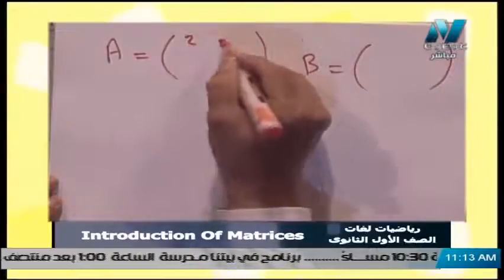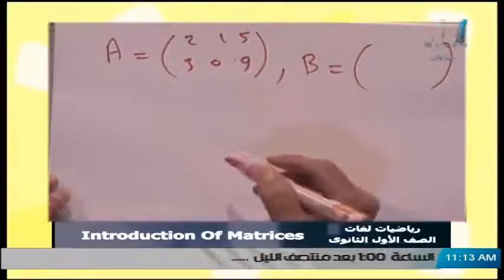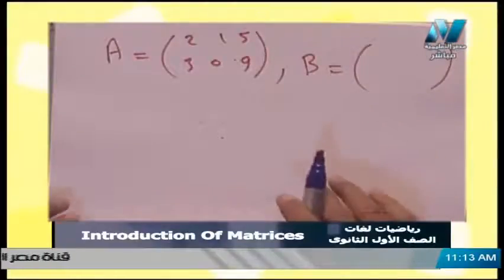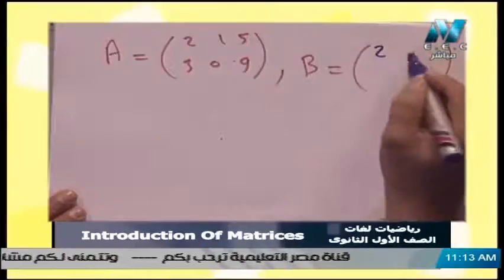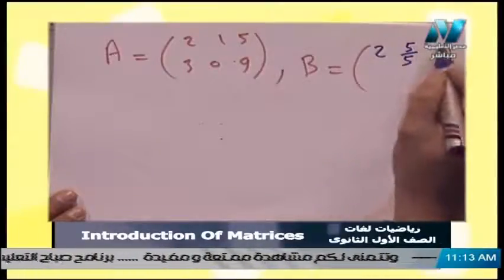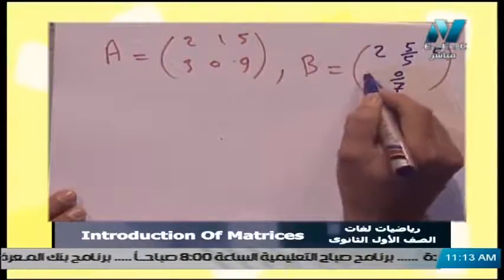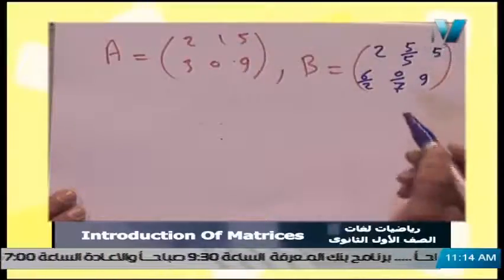This matrix is 2, 1, 5, 3, 0, 9. This matrix also will be 2, 5 over 5, which is 1, 5, 0 over 7 here, 6 over 2, and 9.